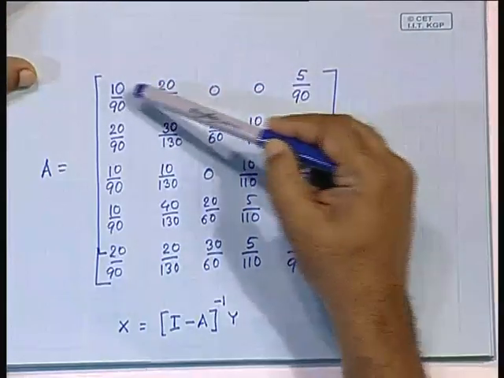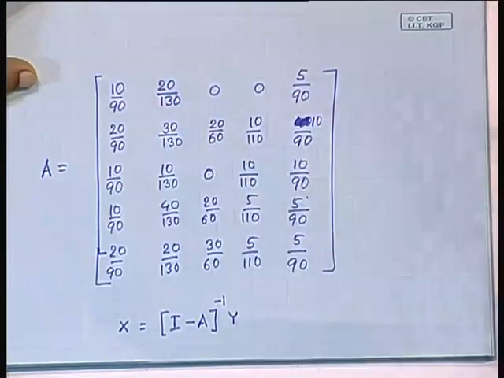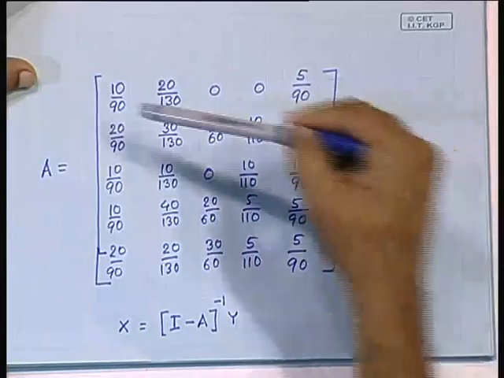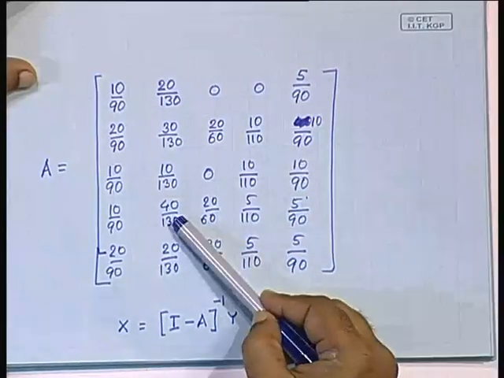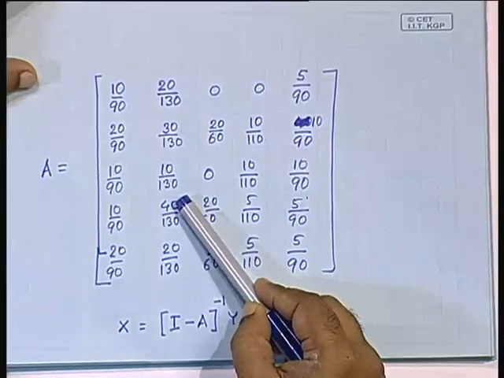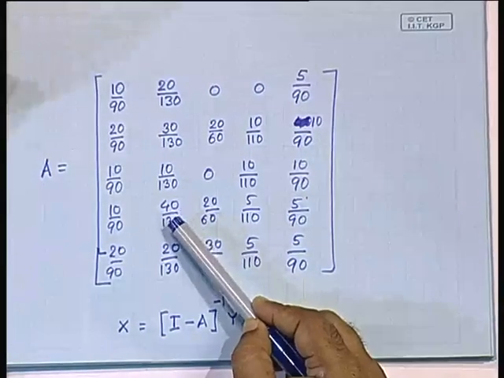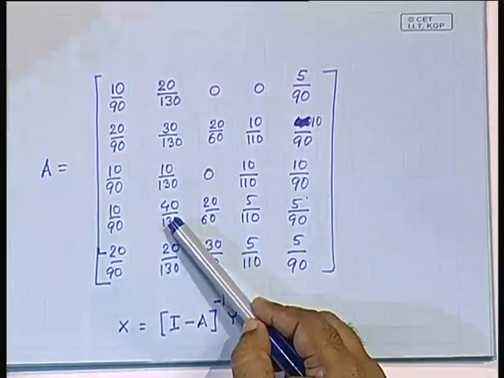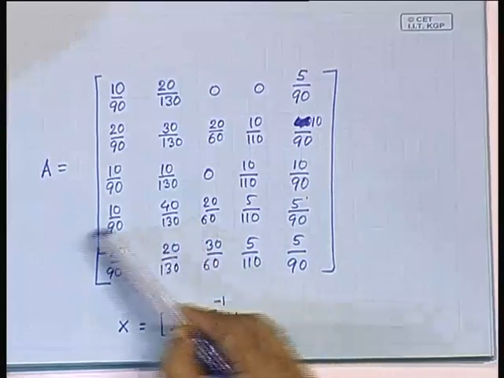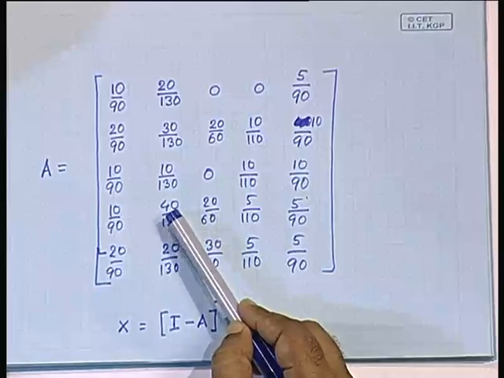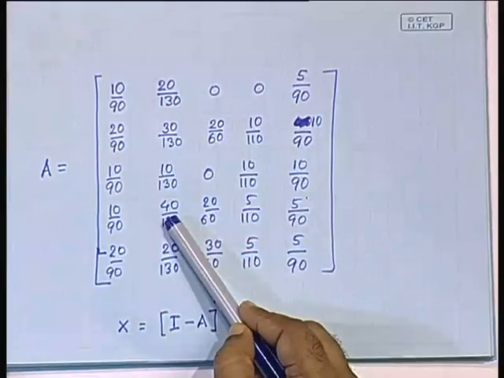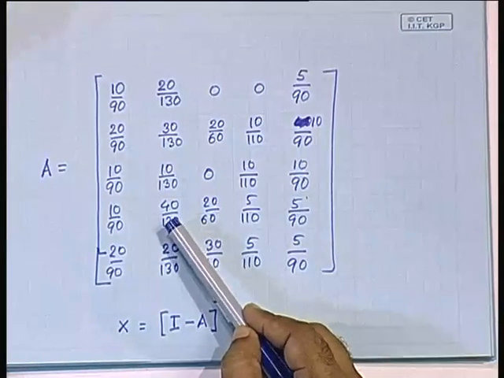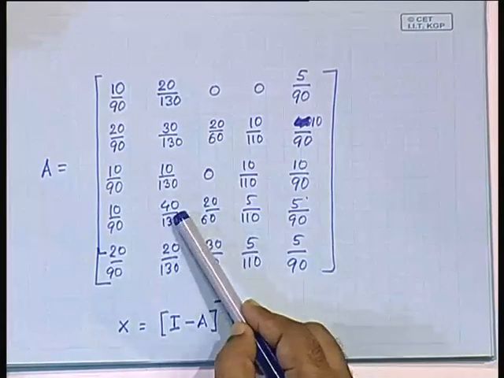So, the first one is 10 by 90, because 90 was the total production of sector 1. Can you tell me why is this here 40 by 130? The 40 units of production of sector 4 was going to sector 2, and the total output of sector 2 was 130. So, 40 by 130, so on and so forth.